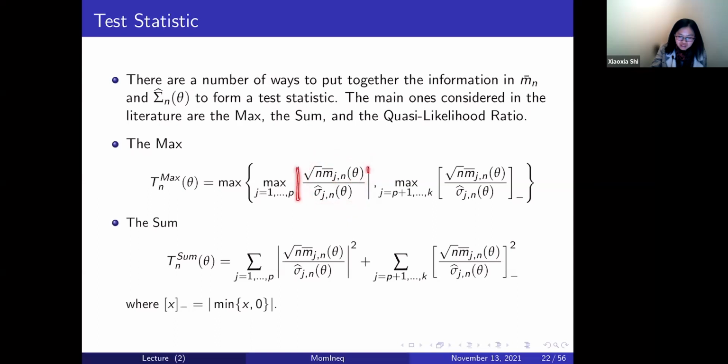So you take the absolute value of that violation. And that violation is standardized by the standard deviation, which is always a wise thing to do. And for the next K minus P moment conditions, these are inequalities. So only the negative parts are violations to the moment restrictions, to the hypothesis. So we only measure the negative part, and studentize that moment by the standard deviation estimator as well. So the max statistic takes the maximum of all the violations, and the sum statistic basically sums up the squares of the violations, right?